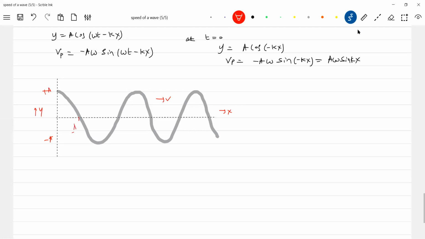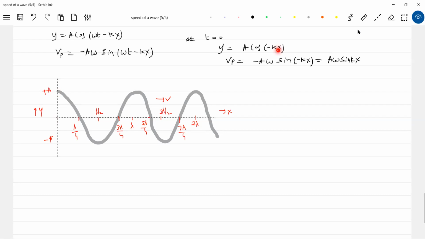So this is lambda by 4, lambda by 2, 3 lambda by 2, 2 lambda. At x equal to 0, y should be plus a.